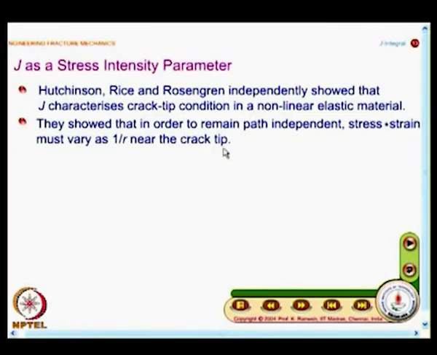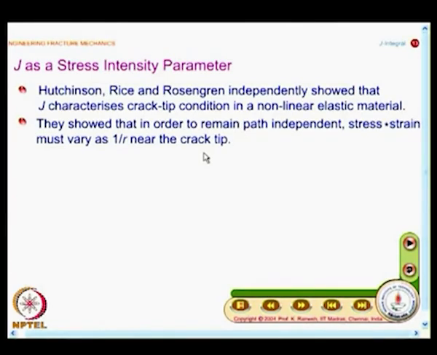And we have already seen that J is path independent. They showed that in order to remain path independent, the product of stress and strain, the stress times strain, must vary as 1 by r near the crack tip.